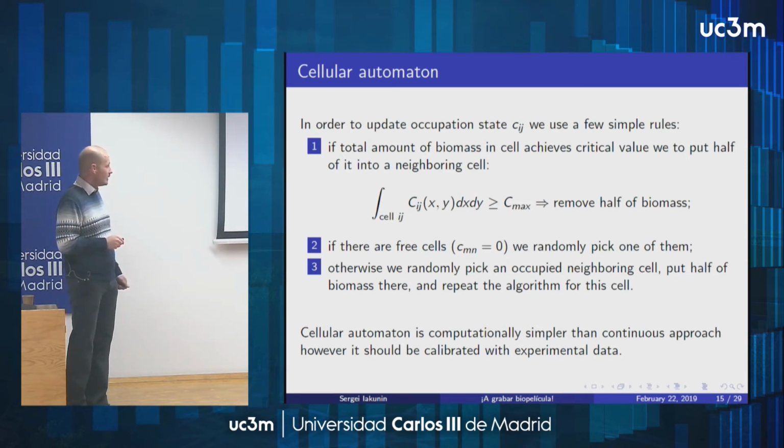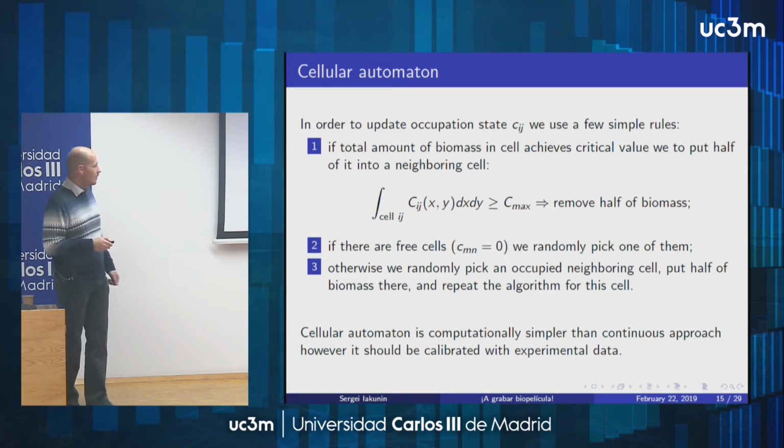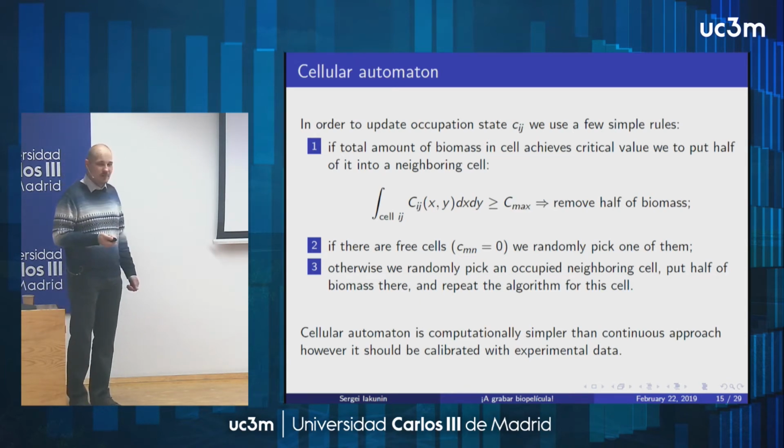If there is at least one free cell, then everything is quite simple: we just move half of the biomass to one of those free cells. However, if there are no free neighbors, we have to choose one neighbor randomly, move half of the biomass there, and repeat the algorithm for that cell.